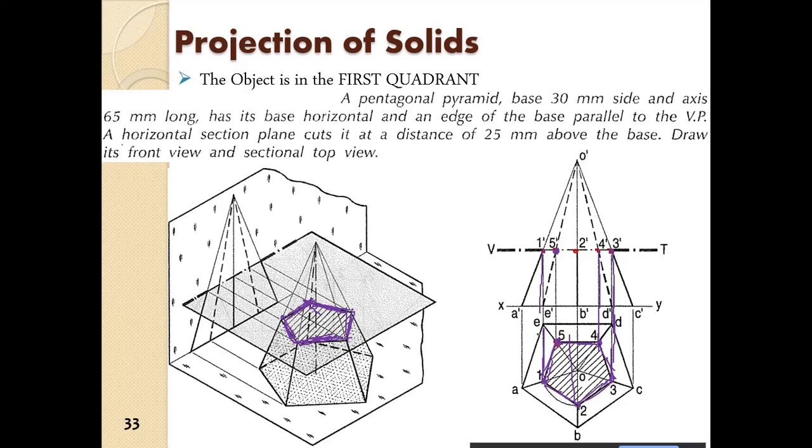Okay, so top view of the base, number 1 step. Number 2 step, project it up, get the front view of the pyramid. Number 3 step, draw the intersection line. Number 4 step, project the points to the plane of intersection here, in this manner.